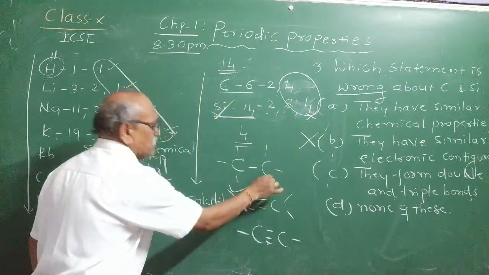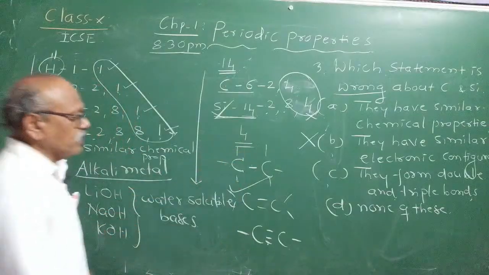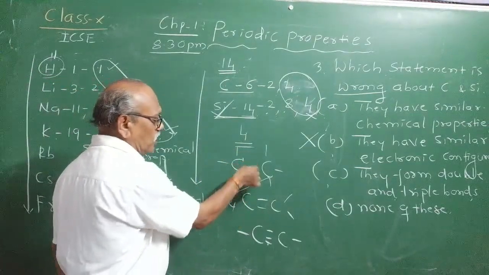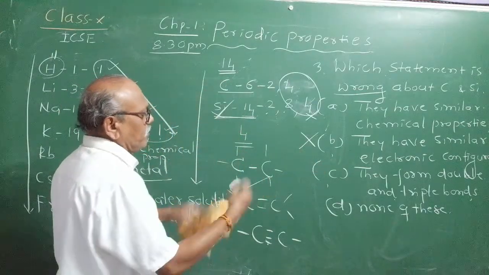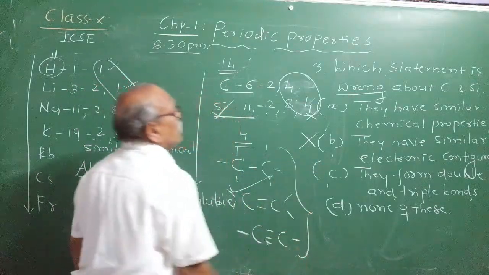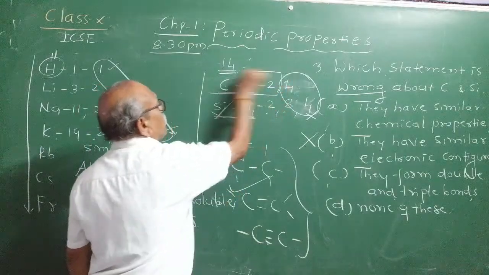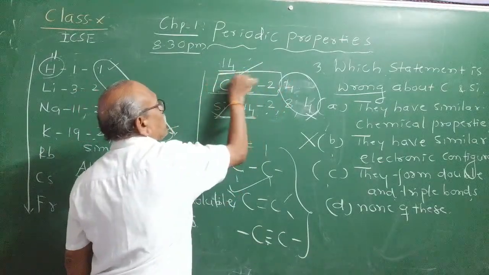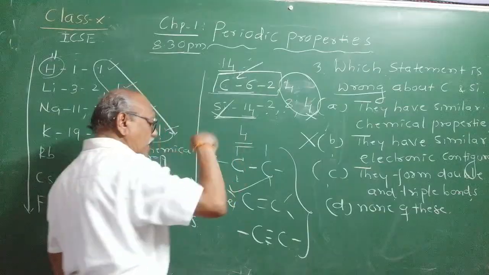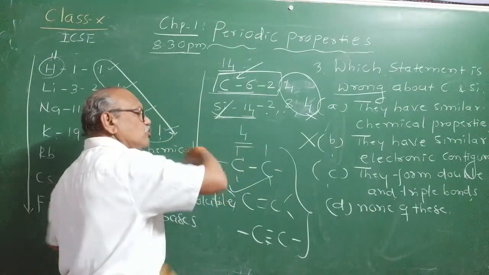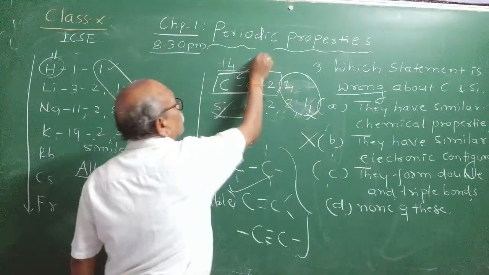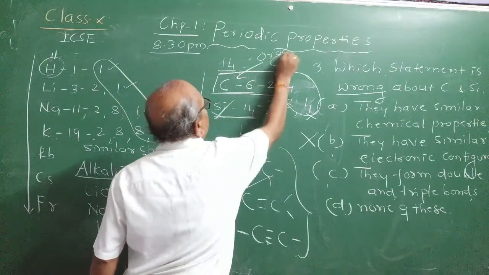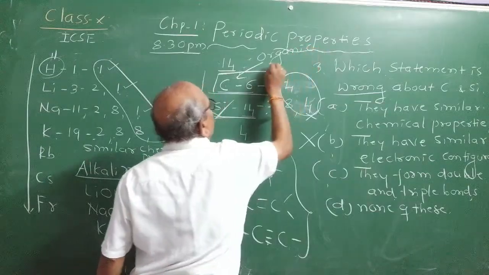Because of this property to form single bond, double bond, triple bond, straight chain, ring chain, carbon is different from all other elements in the periodic table. It can react with its own atoms in an infinite number of carbon atoms. Therefore, a branch of chemistry was started to study carbon compounds, called organic chemistry.